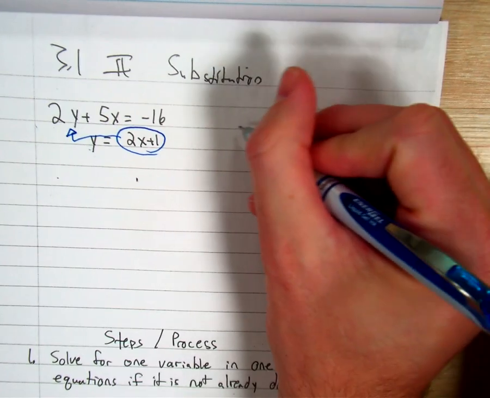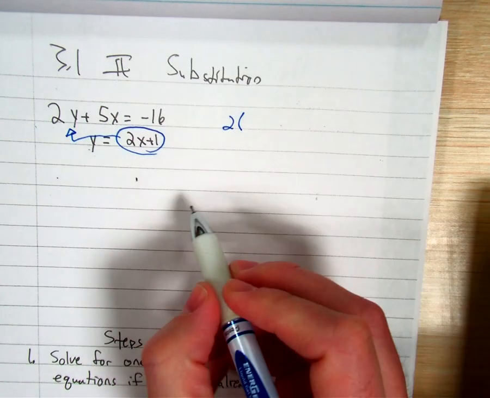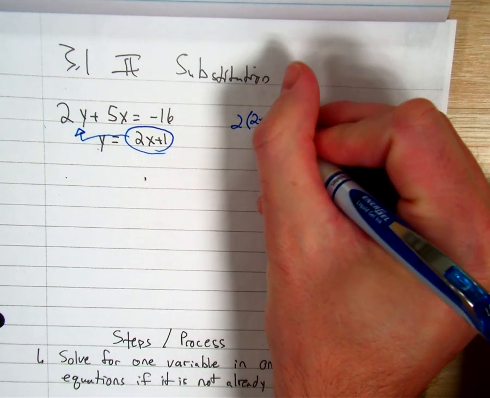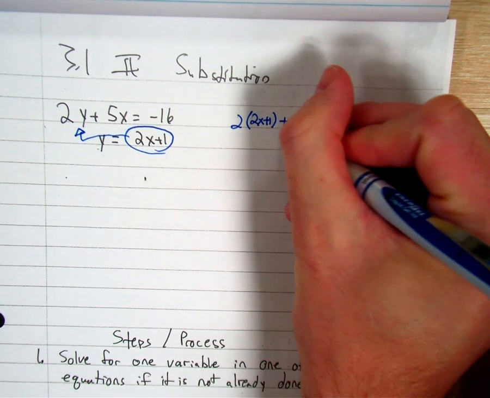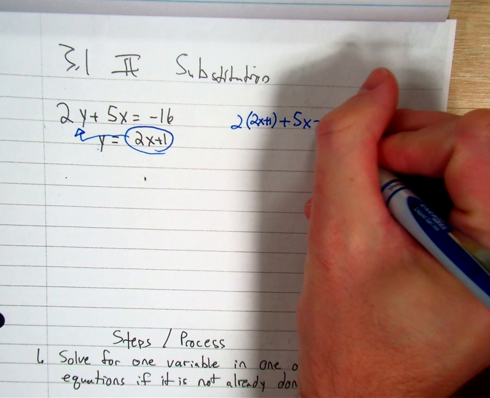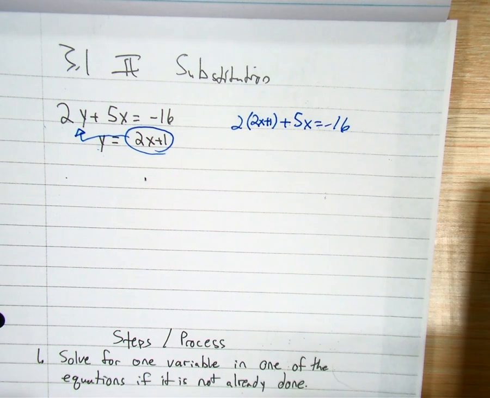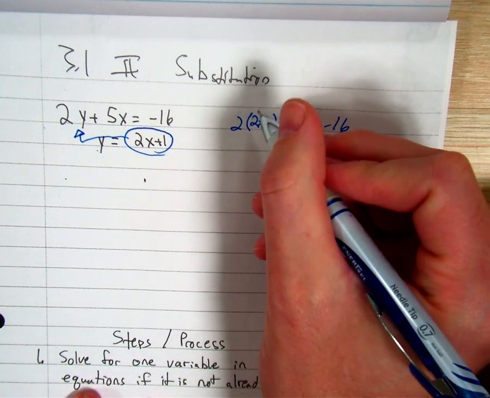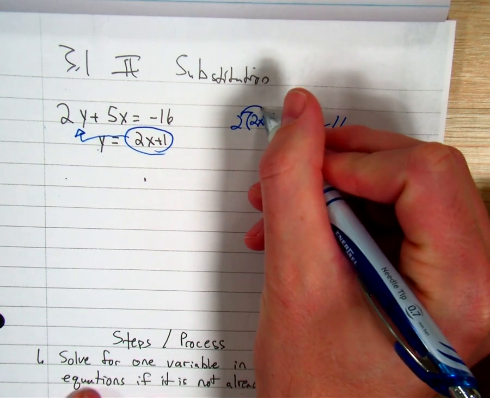So now I have 2 times, not y anymore, I'm substituting this in, 2 times 2x plus 1 plus 5x equals negative 16. Now we will distribute, and we're going to solve for x.